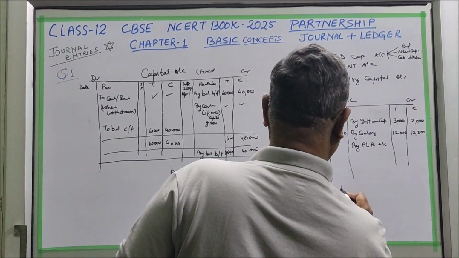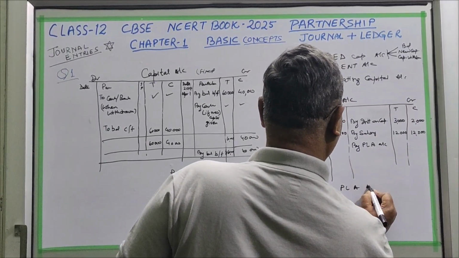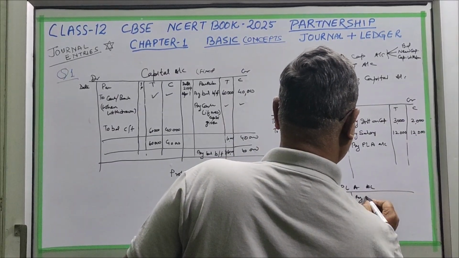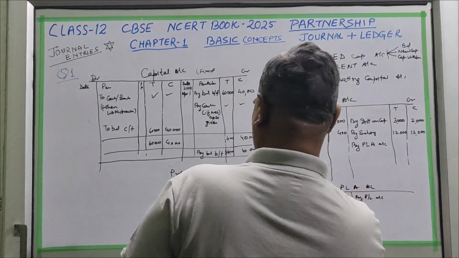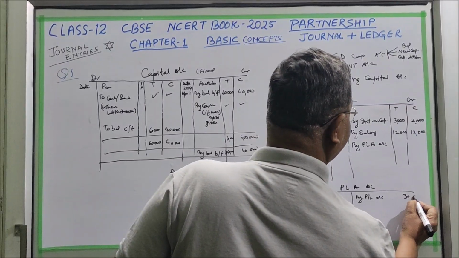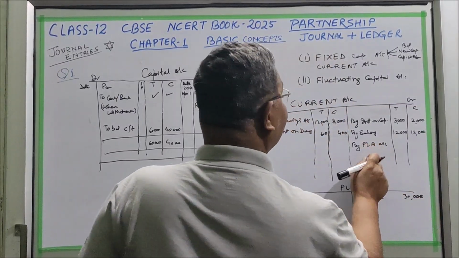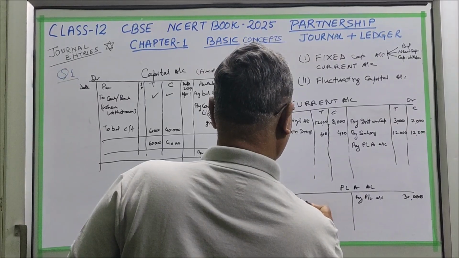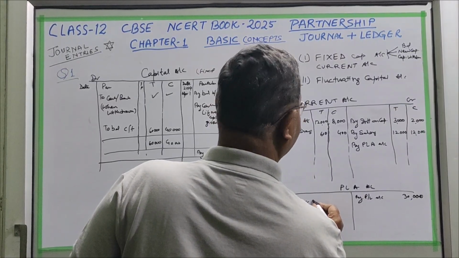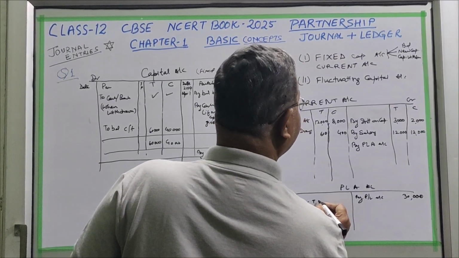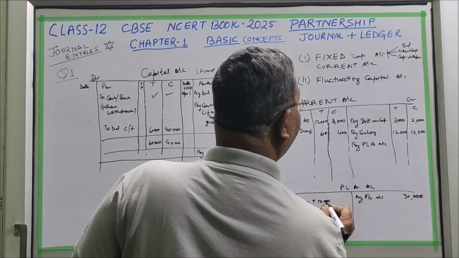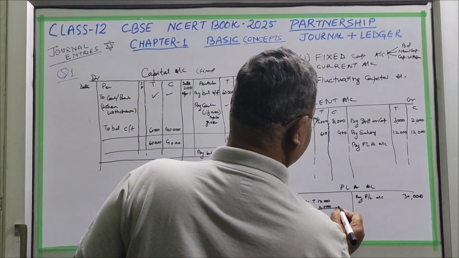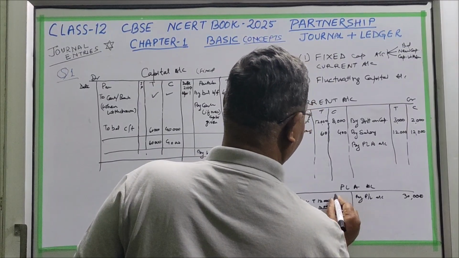So you have to prepare the profit and loss appropriation account. By profit and loss account, 30,000 rupees will be transferred here first. Then these expenses: salary to T and C, 12,000 and 12,000, so 24,000 will come in the outer column.